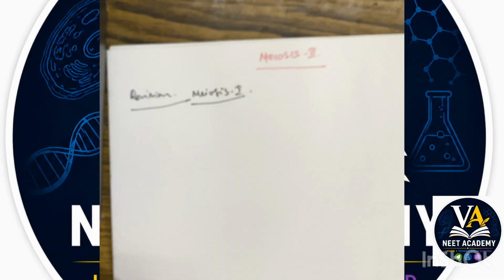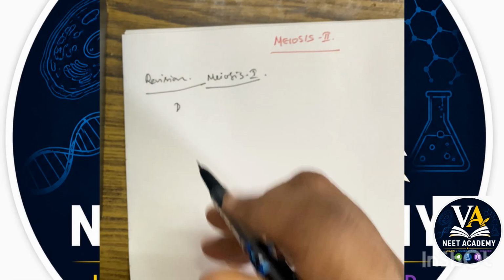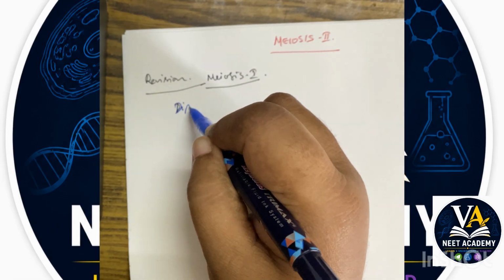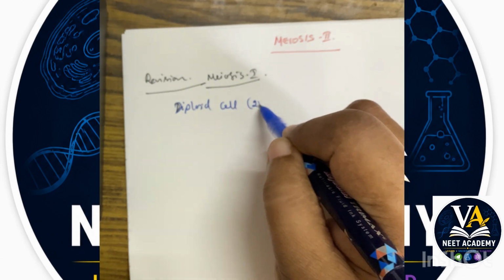So at the end of meiosis I, how many cells were formed? Do you remember? We had a parent diploid cell, which was 2n, right?